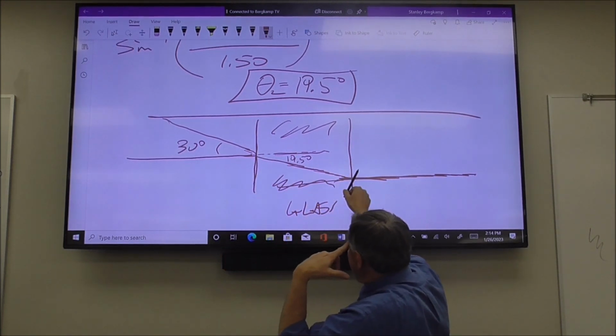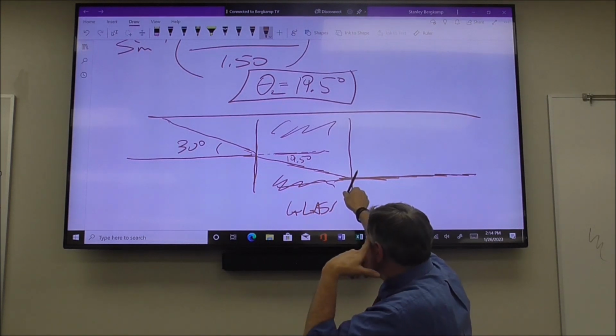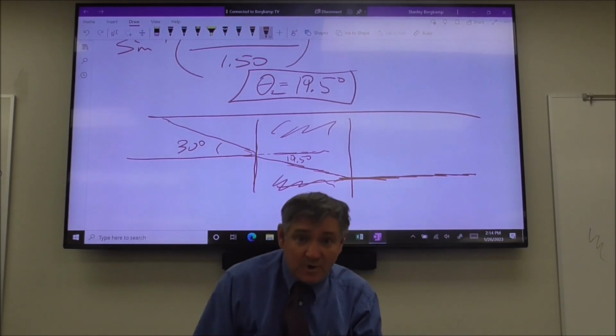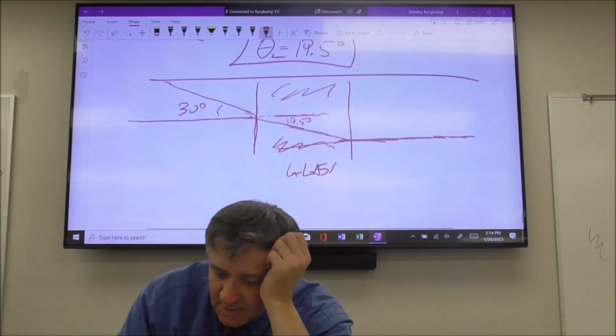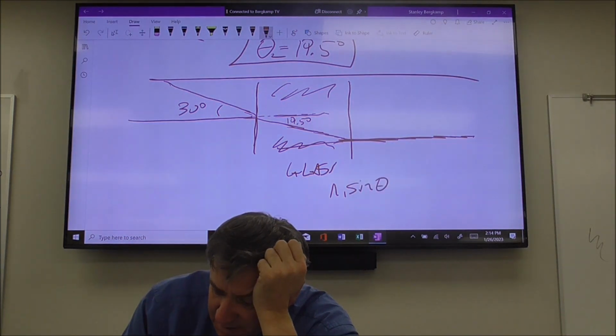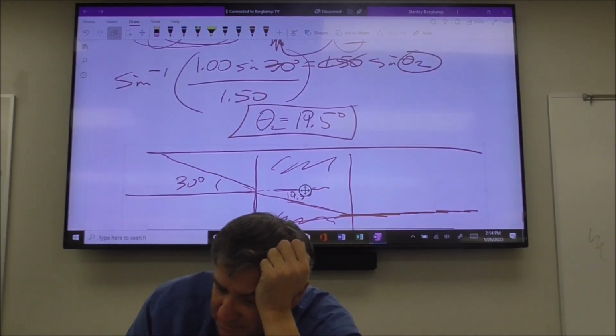So when it hits the glass, what's going to happen? Well, let's see. Going from N1 sine theta 1 equals N2 sine theta 2. So this N1 we said was what, 1.5?